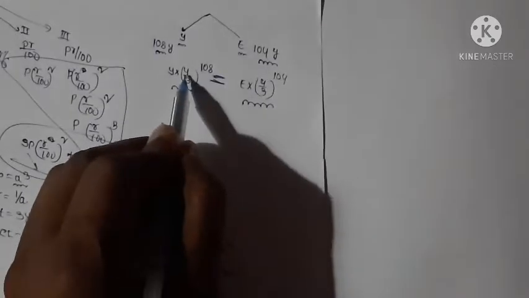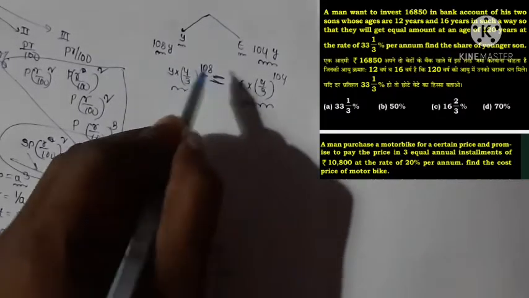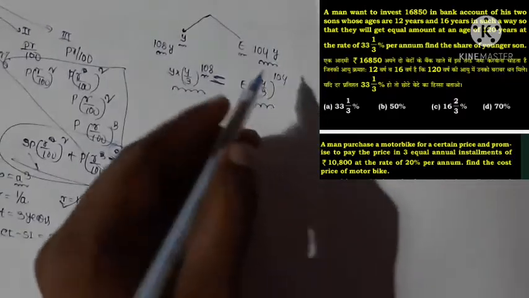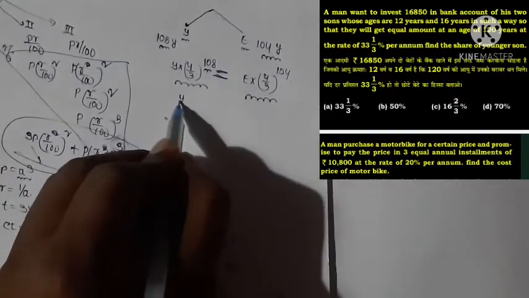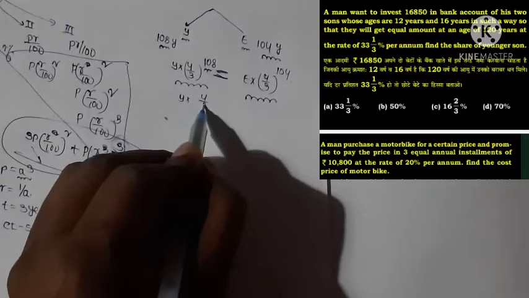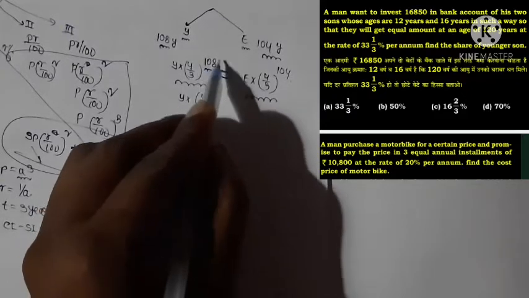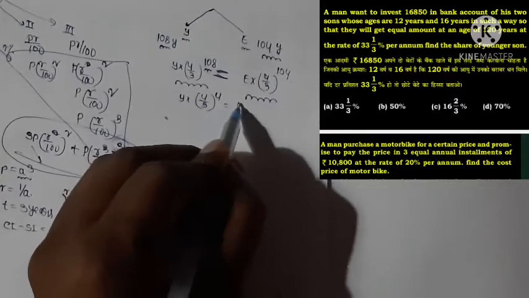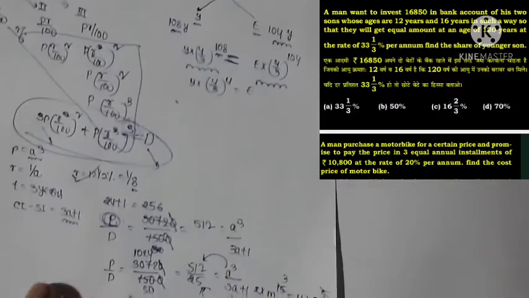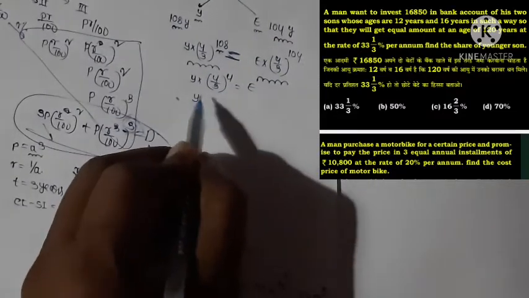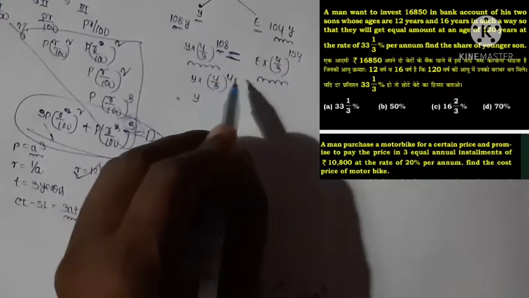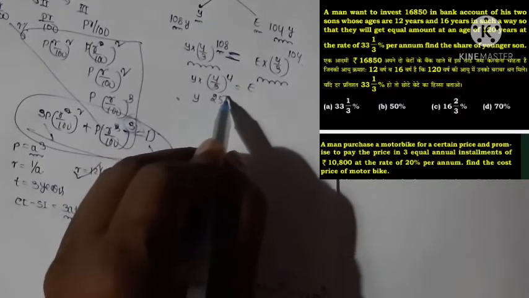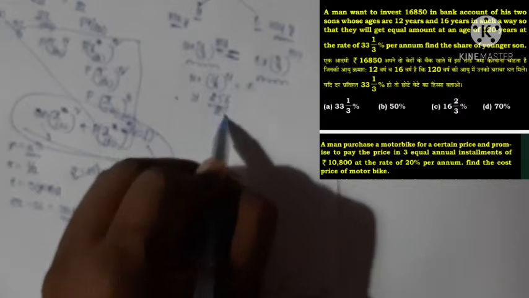Similarly, 4 by 3 power 108, 4 by 3 power 104. So younger into 4 by 3 whole power 108 minus 104, that is power 4, is equal to elder. So younger into 4 power 4, 256 by 3 power 4, 81, is equal to elder.